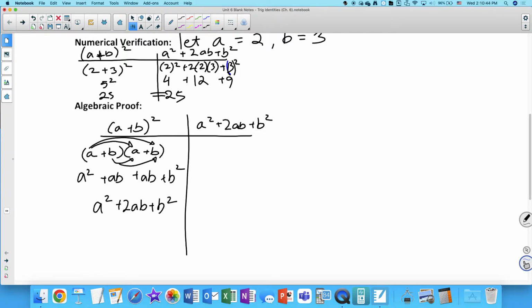And then at the end of the day, the left side equals the right side. And that's what we want. So this would be an algebraic proof for this particular identity. Now, this is not a trigonometric identity, but it is, in fact, an identity. It is something that is true for all values of a and b.